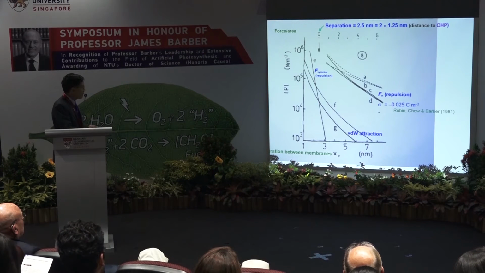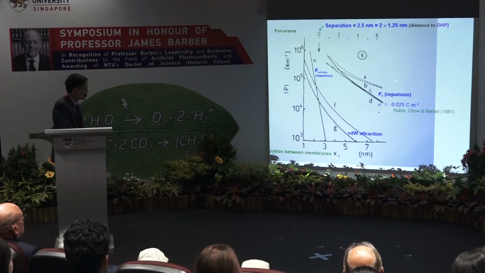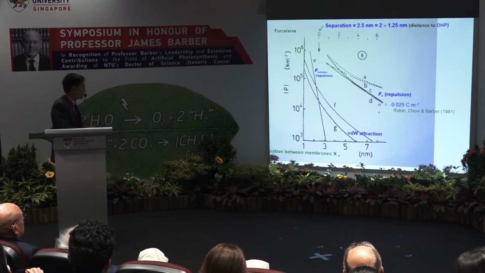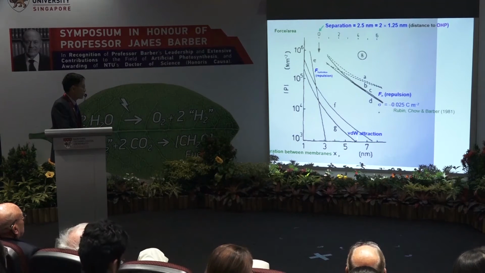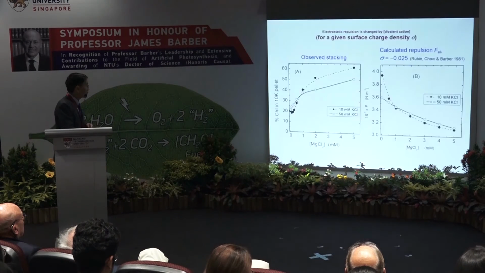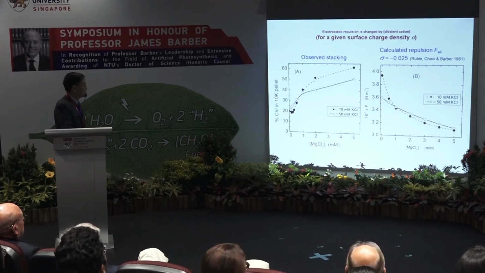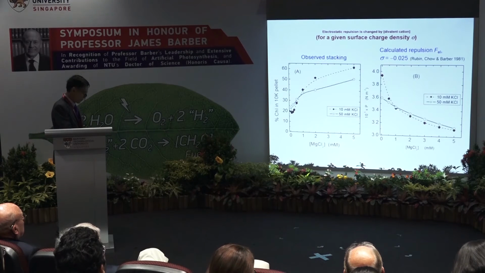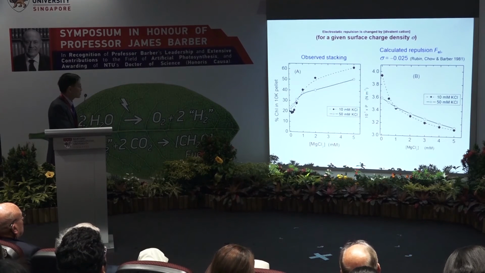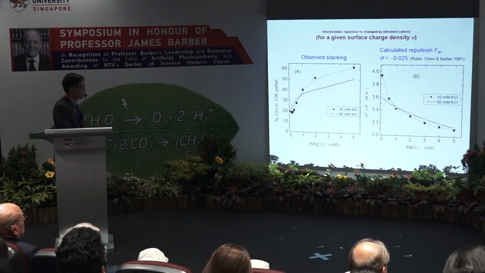So by transposing these curves across, the magnitude of the repulsion is now much greater than the attractive force. And using that idea, we could then predict the repulsion between two membranes, the magnitude of the repulsion, force per area, and we could predict this crossover effect, the antagonistic effect between monovalent cations and divalent cations that I talked about.